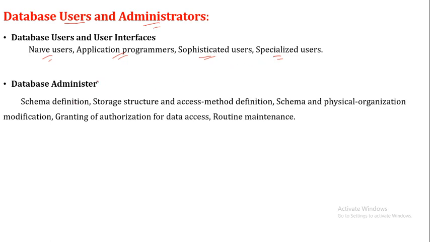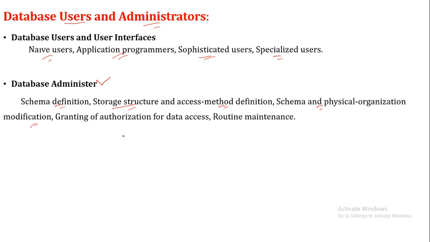Next, we have the database administrator, who is the main responsible person in the database system, whose responsibility is to define the schema based on the client's requirement, the storage structure of your database, and the access methods, authorization, everything has to be done by your database administrator. Schema and physical organization or modification has to be done by your database administrator, and also granting authorization, which user is going to do what kind of thing.